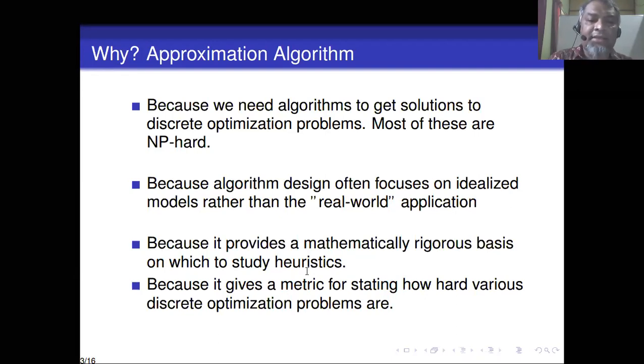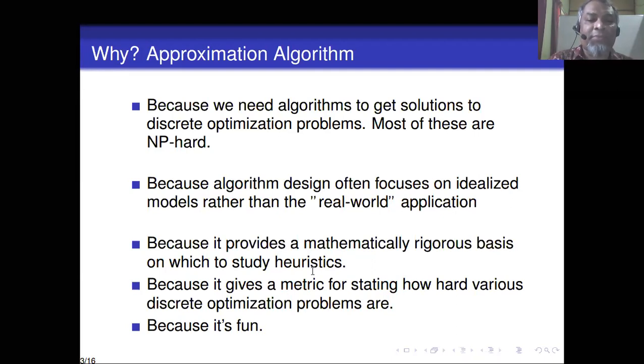And finally, it is fun, because the area of approximation algorithms and its mathematical analysis is a very deep and beautiful mathematical exercise, and inherently it is interesting in its own right.